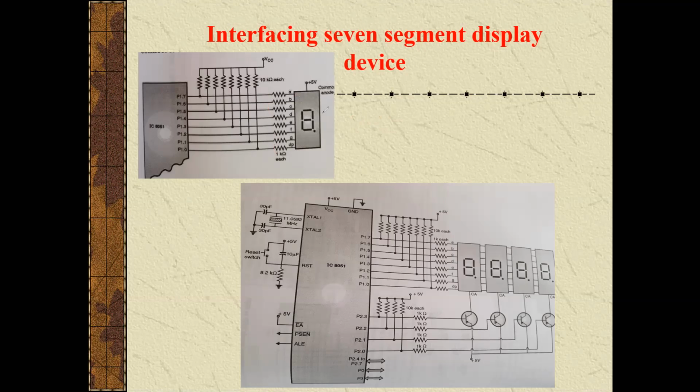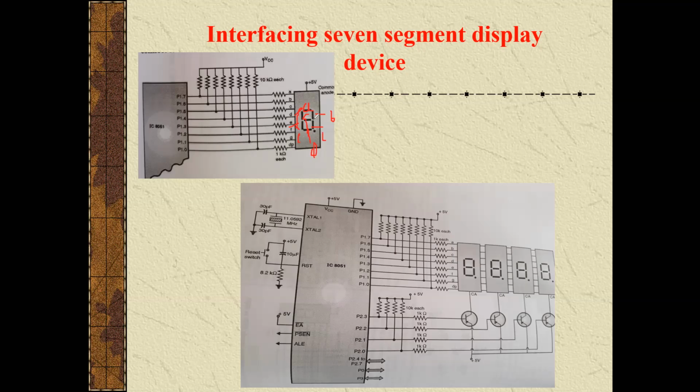In this type of configuration, each pin is labeled from A to G: A, this one is B, this one is C, this one is D, and E, and this one is F, and the center one is G.